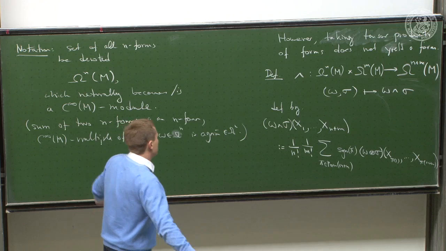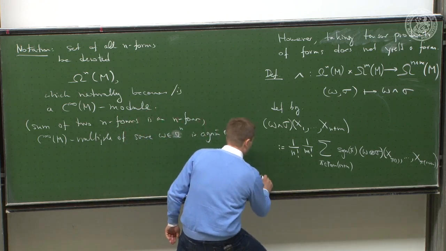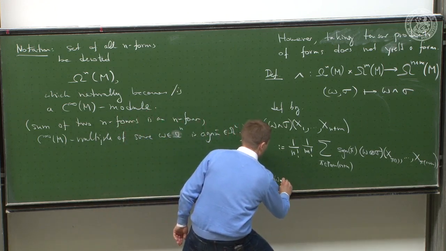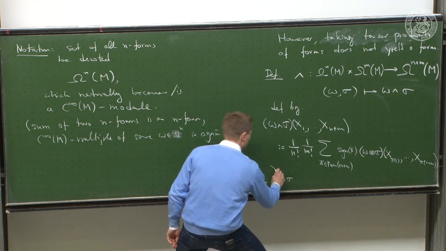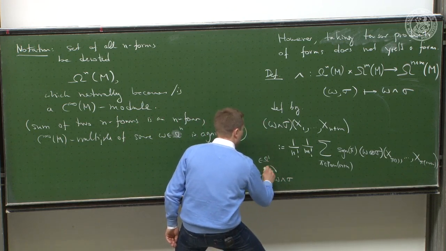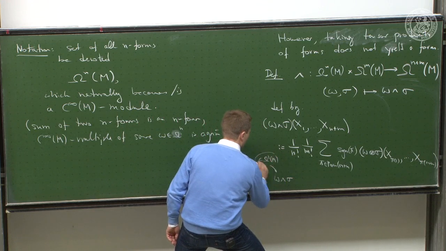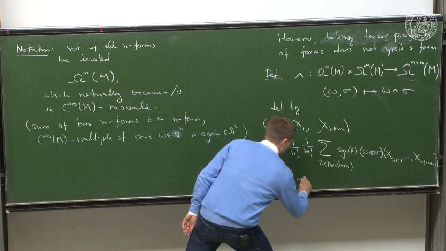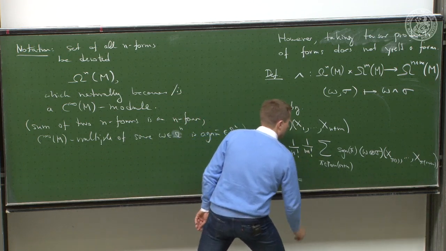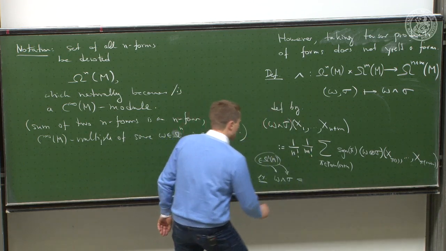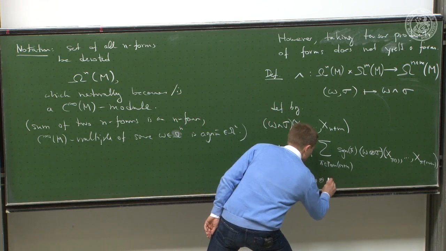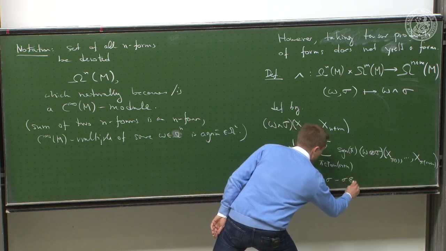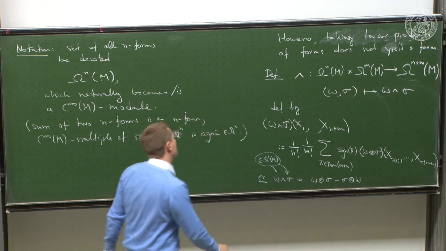Okay, the simplest example would probably be you take a one-form omega and also a one-form sigma, and what you then get is omega tensor sigma minus sigma tensor omega.